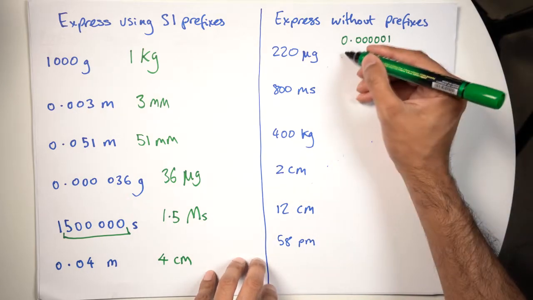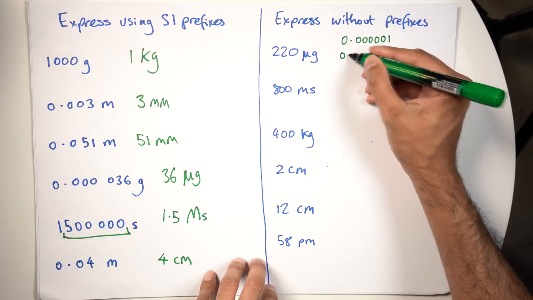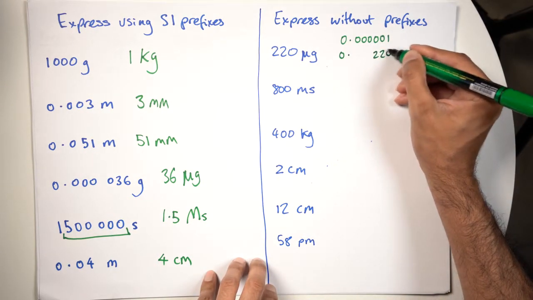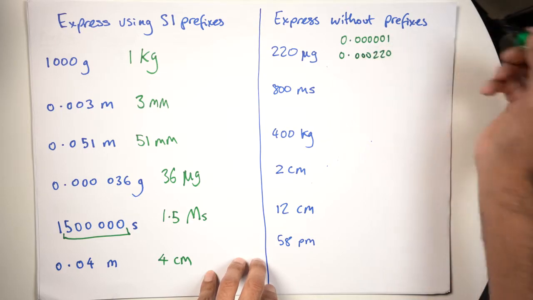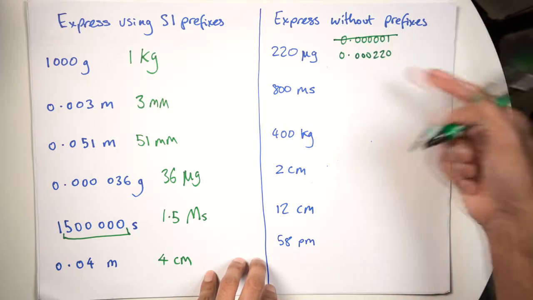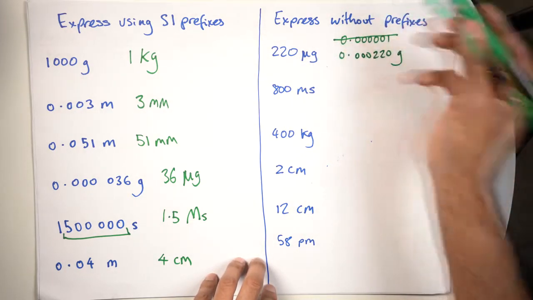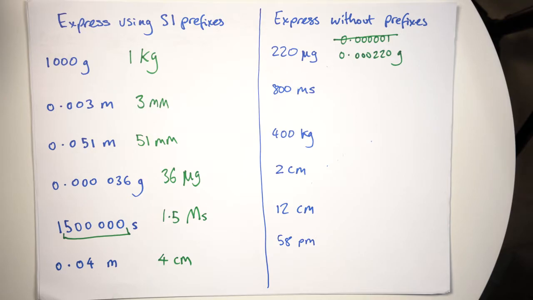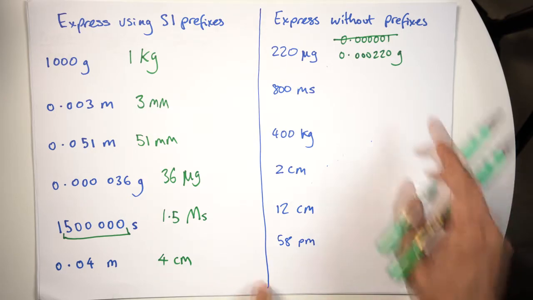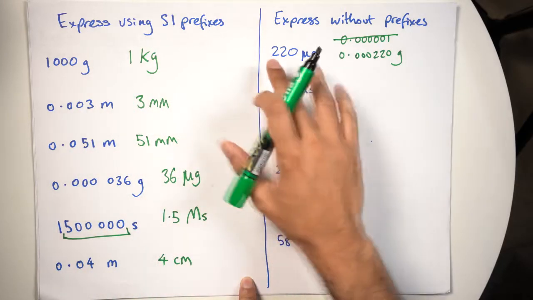We don't have 1, we actually have 220. So you've got to change those ones to 220, like that. I always find it a little bit easier to do it like that. And of course grams. So what we have done is we've gotten rid of that micro sign and written it as a full number.